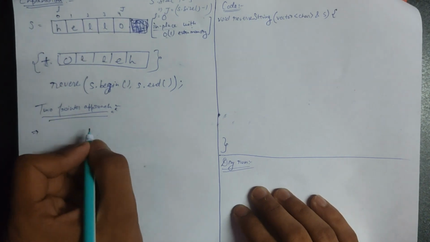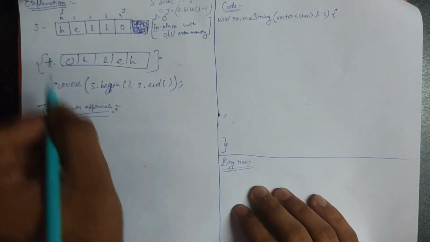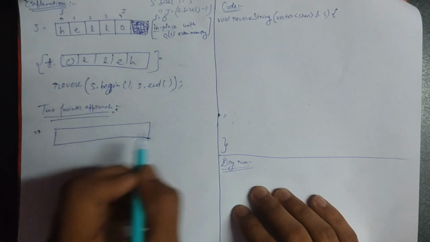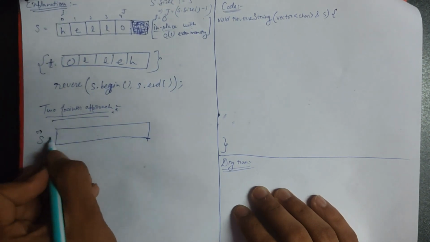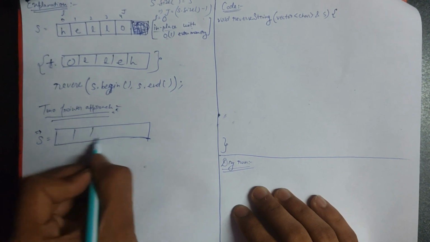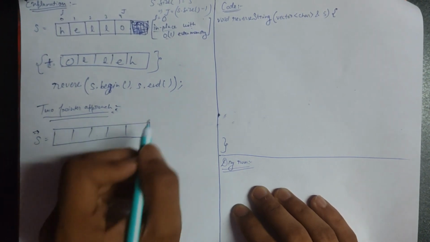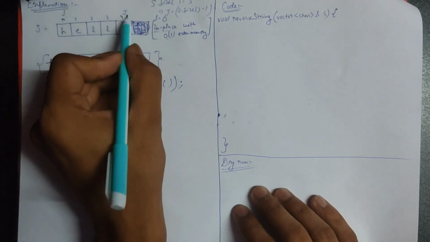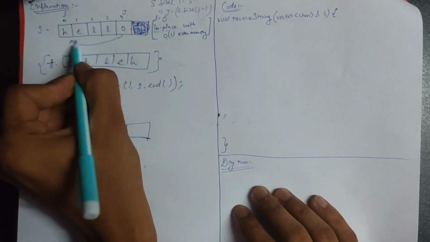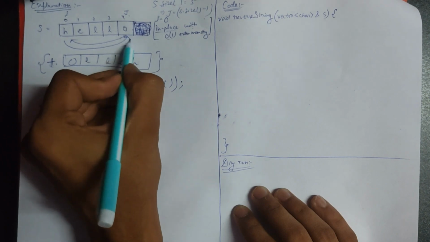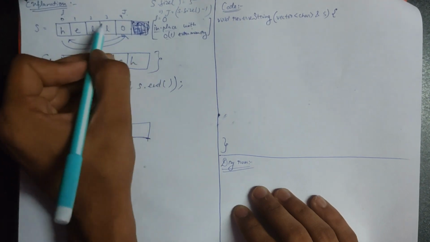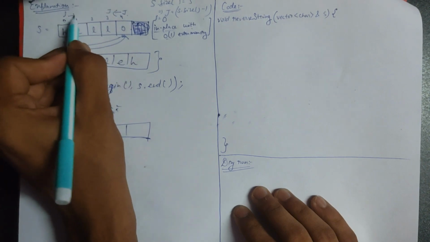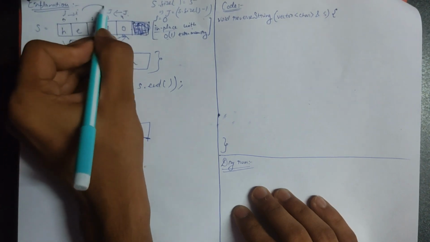So what we will do in the two-pointer approach is, let's take an array. This is the same array s, indices 0 1 2 3 4. What will happen in the two-pointer approach? We will just go to the i and j indexes and swap these two elements. After doing this, we will decrement the j pointer and increment the i pointer, and we will swap these two elements.